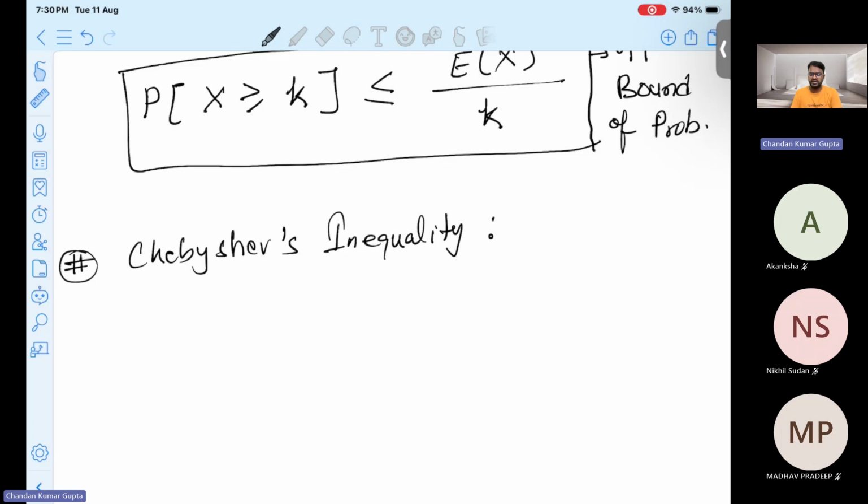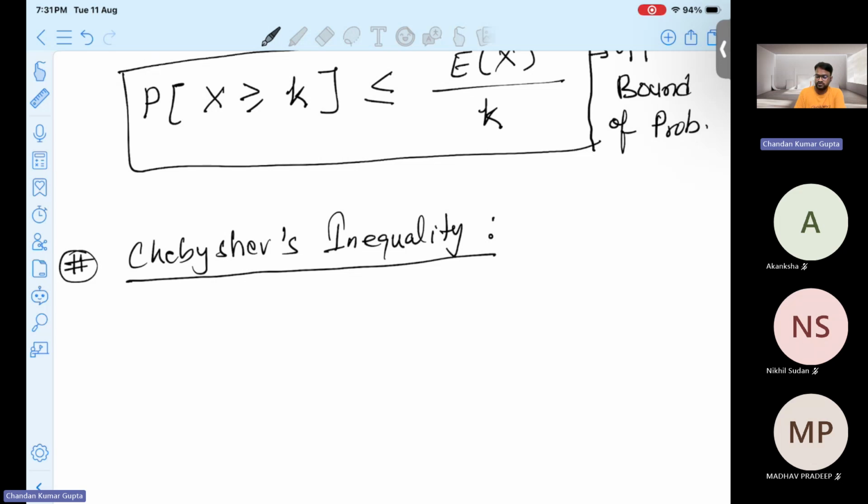Suppose we have the average value as well as the variance. Instead of only the expected value of the random variable, we have the variability of the random variable as well. Then in that scenario, we will use Chebyshev's inequality.